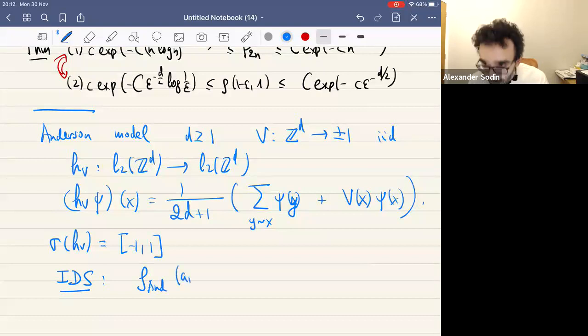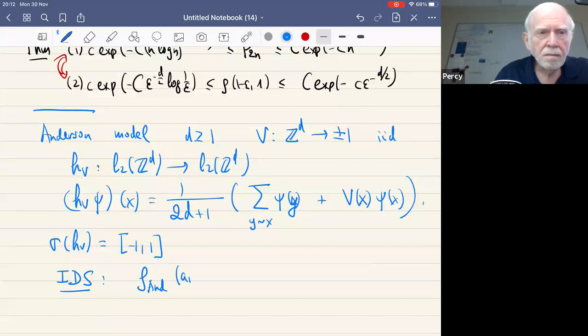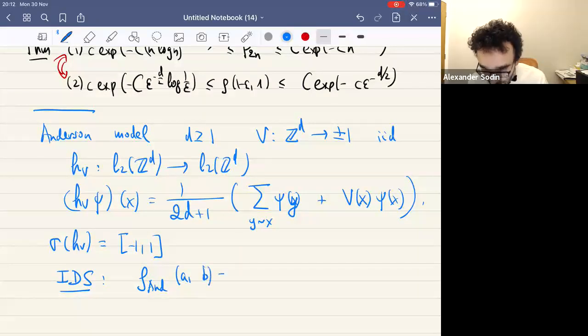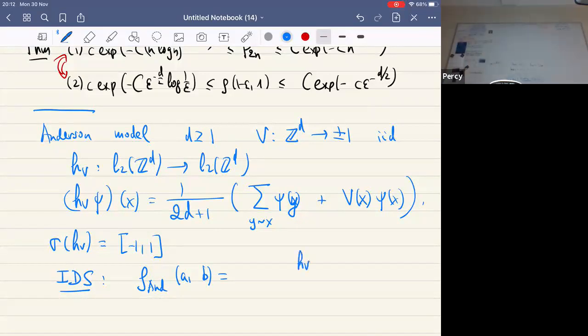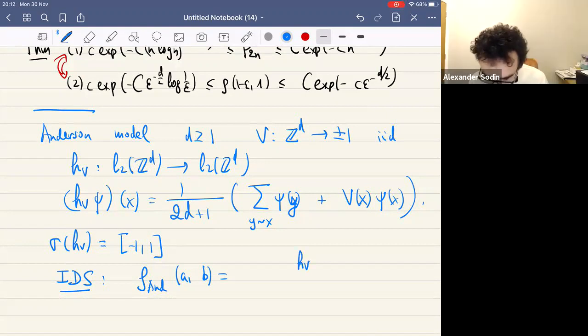The measure of the interval AB is constructed as follows. We look at our operator and we restrict it to a finite box of size 2L plus 1. So then we get a finite matrix of dimension 2L plus 1 to the power d. Then we can count how many of its eigenvalues fall into our interval AB.